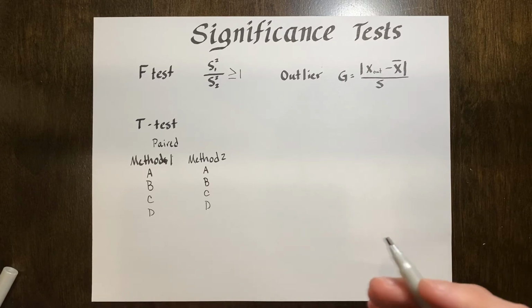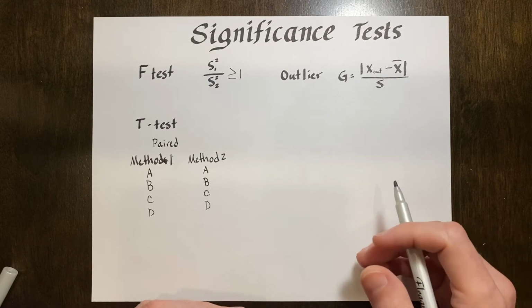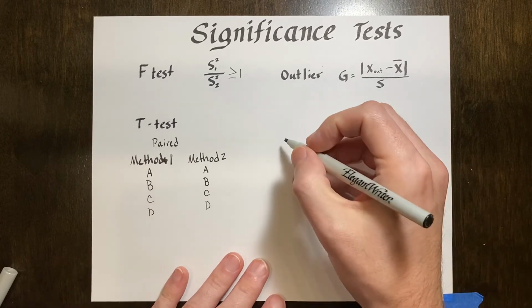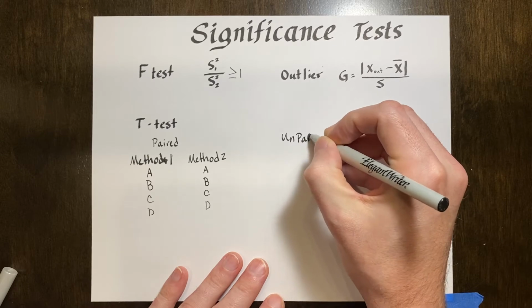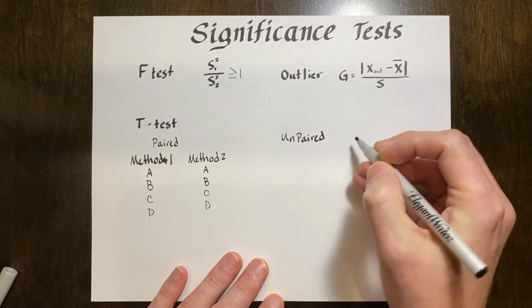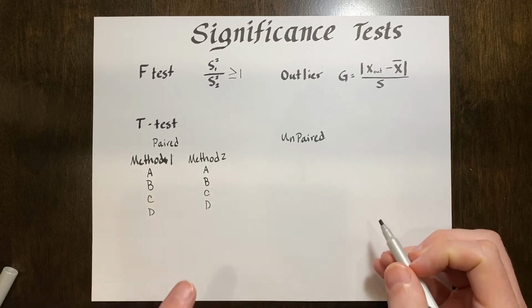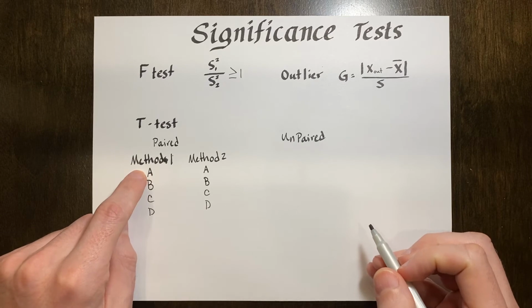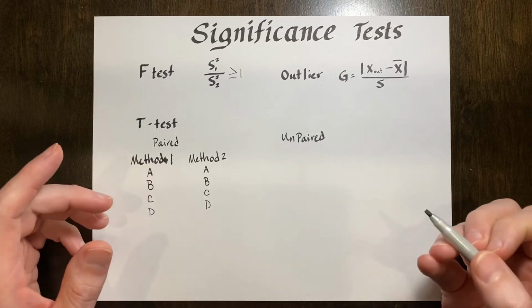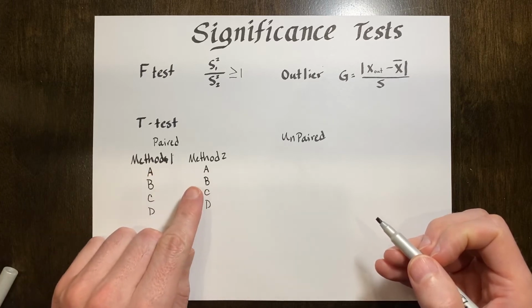Okay, next, as you may guess, if we have paired data, we could have unpaired data. So unpaired data. Now, with paired data, we don't have the problem of, oh, is this sample variance going to be different from one to the other case, right?